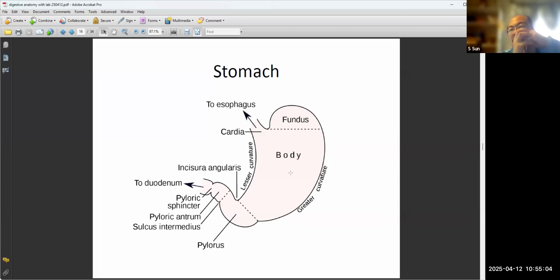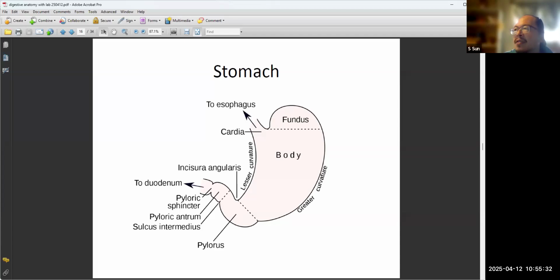When we squeeze it, we can squeeze a lot of the food into the fundus. So the fundus seems like the place the stomach temporarily stores food, just like your cabinet, you put it there. Yeah, so that's that.